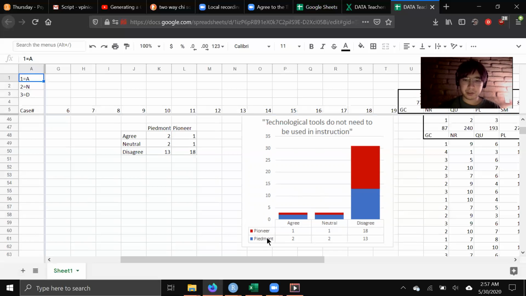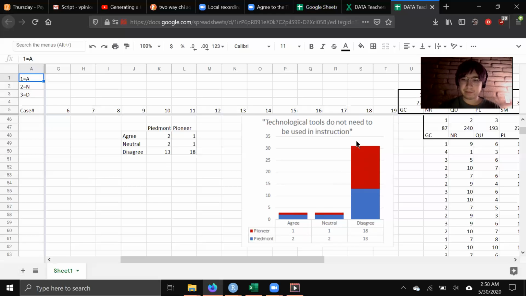So we have two different schools here: 15 here at Piedmont and 20 from Pioneer. And this is whether they agreed on whether technological tools need to be used for instruction. I would test this with chi-square and test the frequency of each answer in comparison to the other answers.